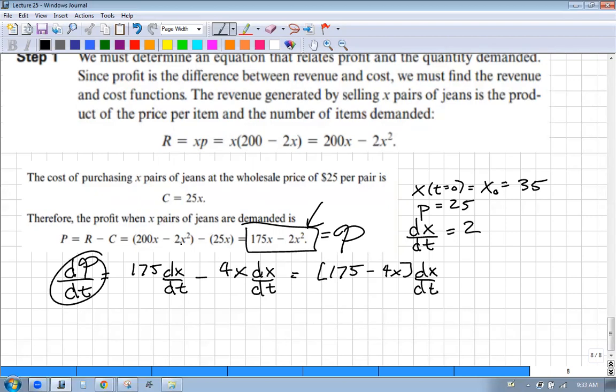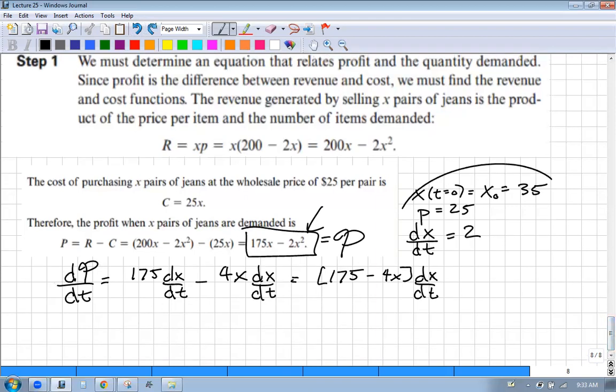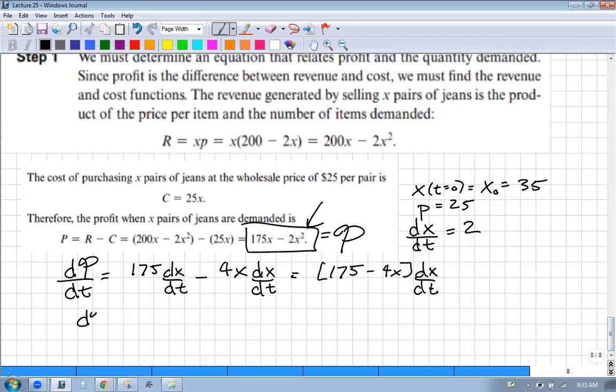So they want to know what this is when all of this is true. So dp dt when x is 35, because we're going to need that, and dx dt, or x dot, is 2. We have 175 minus 4 times 35 times 2.